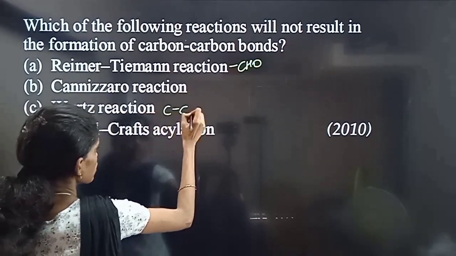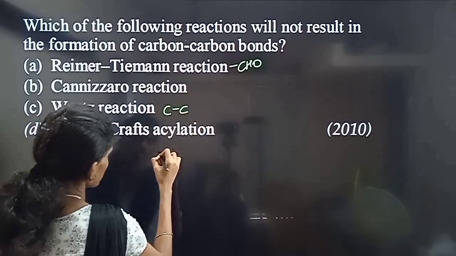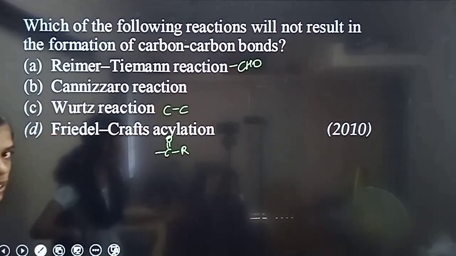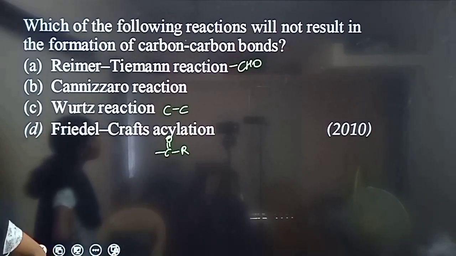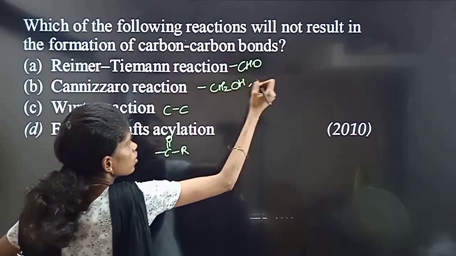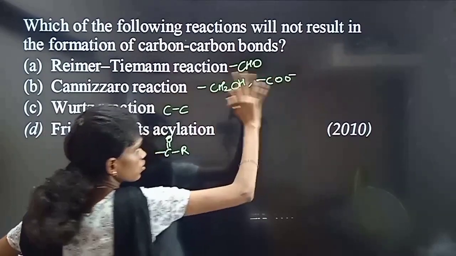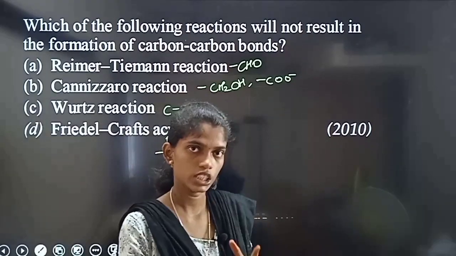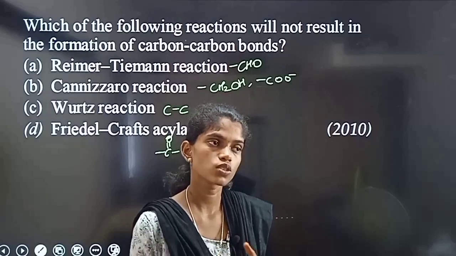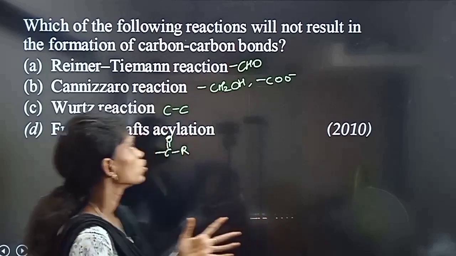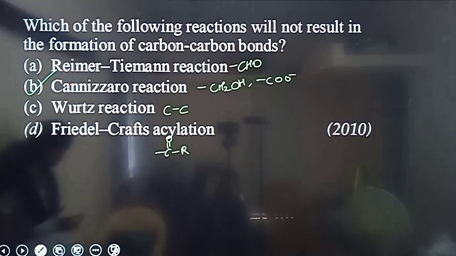Wittig reaction CC bond. இதே மாதிரி Friedel-Crafts C double bond or R. Cannizzaro reaction இதில் மட்டும்தான் we could not, இதில் வந்துட்டு என்ன ஃபார்ம் ஆகும், CH2OH ஒன்று COO minus. These will be formed. அந்த காம்பவுண்டில் அதாவது ரியாக்டன்ட் என்ன இருக்குதோ அதிலே தான் ரிடக்ஷன்ஸ்லாம் நடக்கும். There is no addition of a carbon, அதாவது கார்பன் கார்பன் பாண்ட் வந்துட்டு அங்கே நடக்காது. ஸோ ஆப்ஷன் B is the right answer.